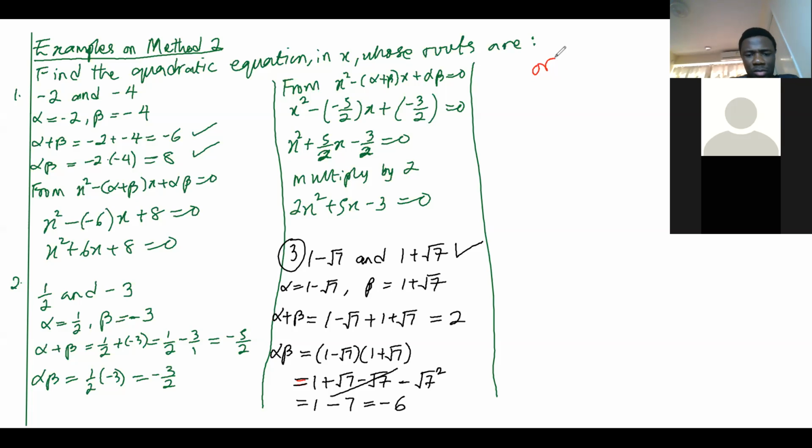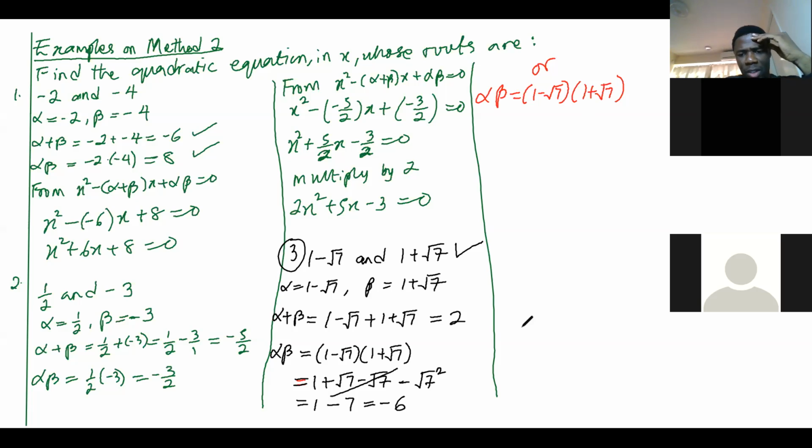Okay, so this is another way of getting alpha beta. Alpha beta, 1 minus root 7, 1 plus root 7. What does this look like to you? Does this look familiar? Something of this format? Like the quadratic equation?